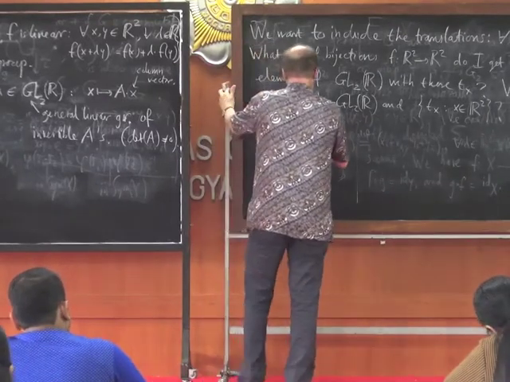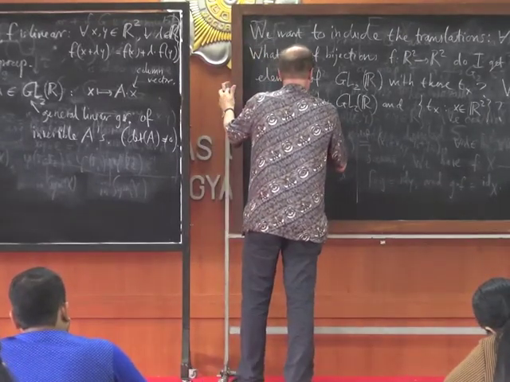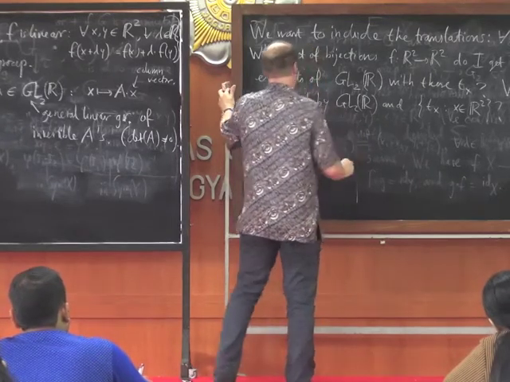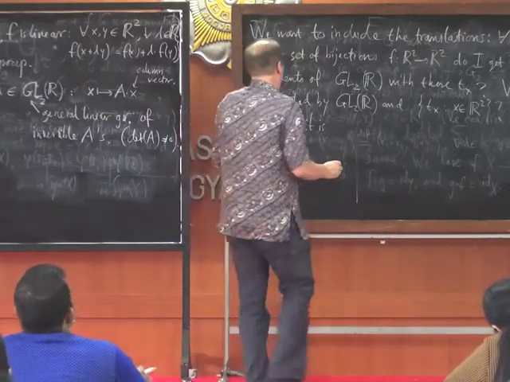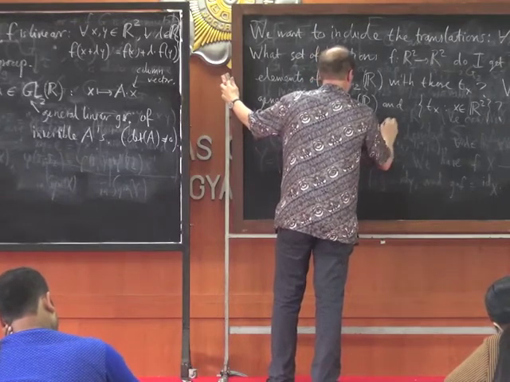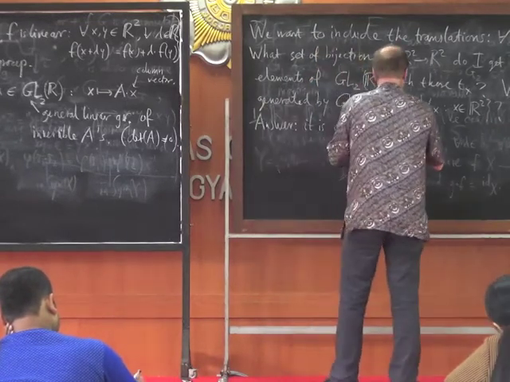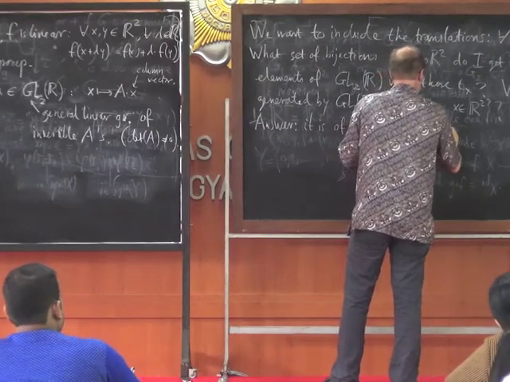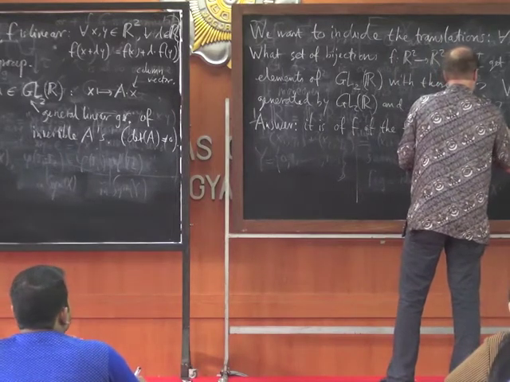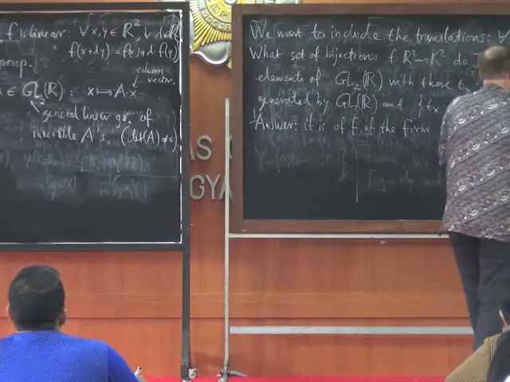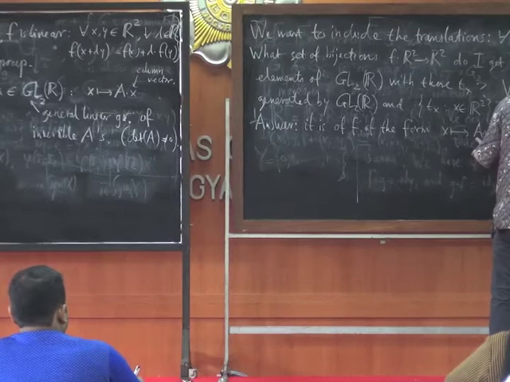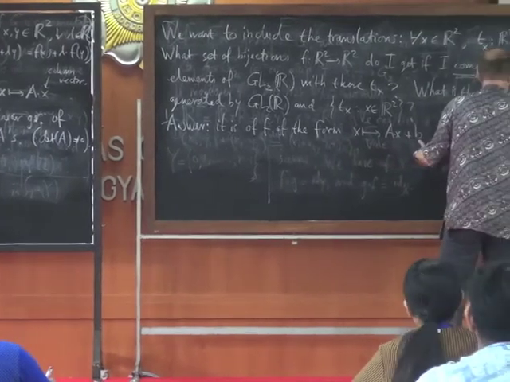You get the affine group. It is the set of f of the form, so these f go from R2 to R2, say x goes to A times x plus b, where A is in the invertible matrices GL2R and b is in R2.